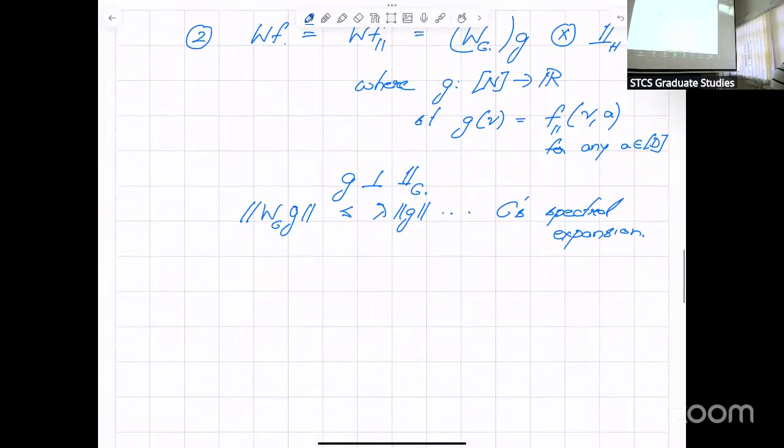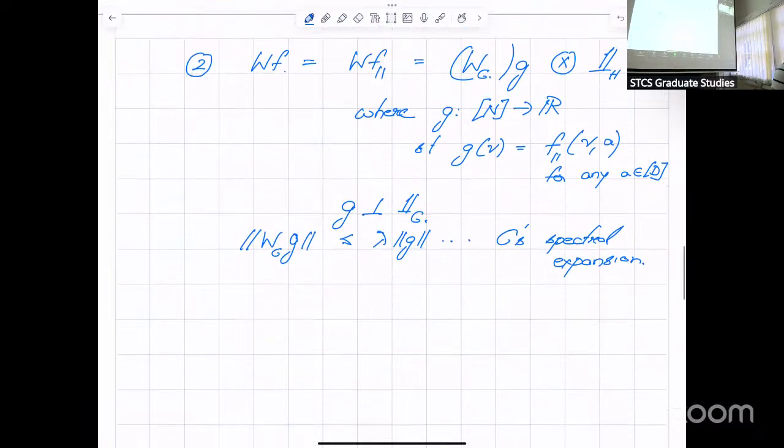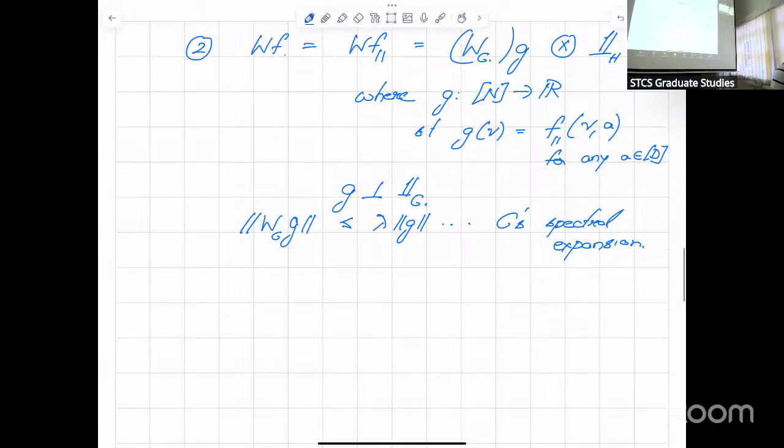Therefore, all I'm claiming is WF length is at most WG's length.